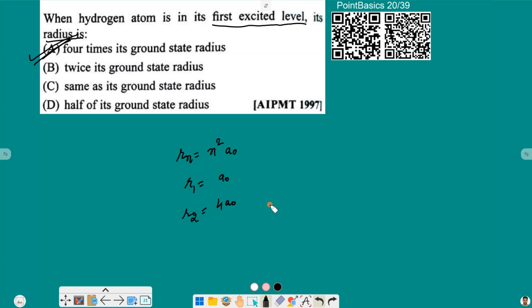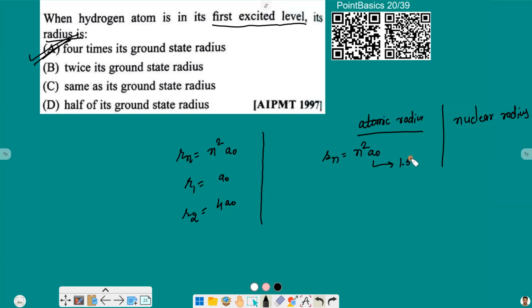Now remember that you have to distinguish here between the atomic radius and nuclear radius. For hydrogen-like atom, atomic radius is given by Rn is equal to n squared times A naught, where A naught is constant and its value is, I think, 1.5 angstrom. I don't exactly remember. And n is the orbital number.